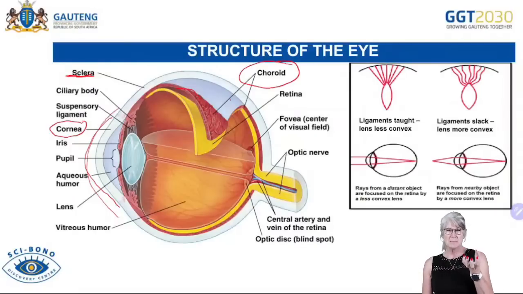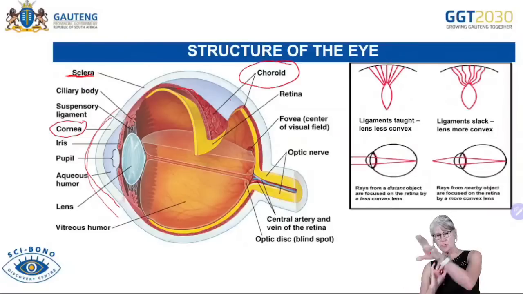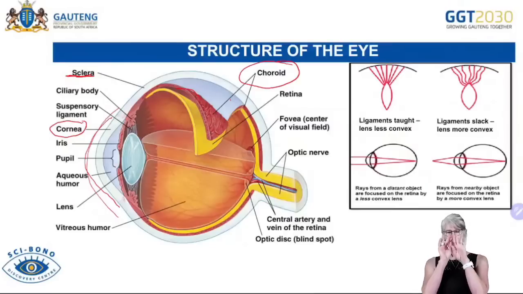It also has pigment in it, so it's dark colored pigment, which then is going to absorb light. Okay, so once the light enters the eye and an image is formed, we don't want that light to reflect around inside the eye, because then we're going to have blurred vision.